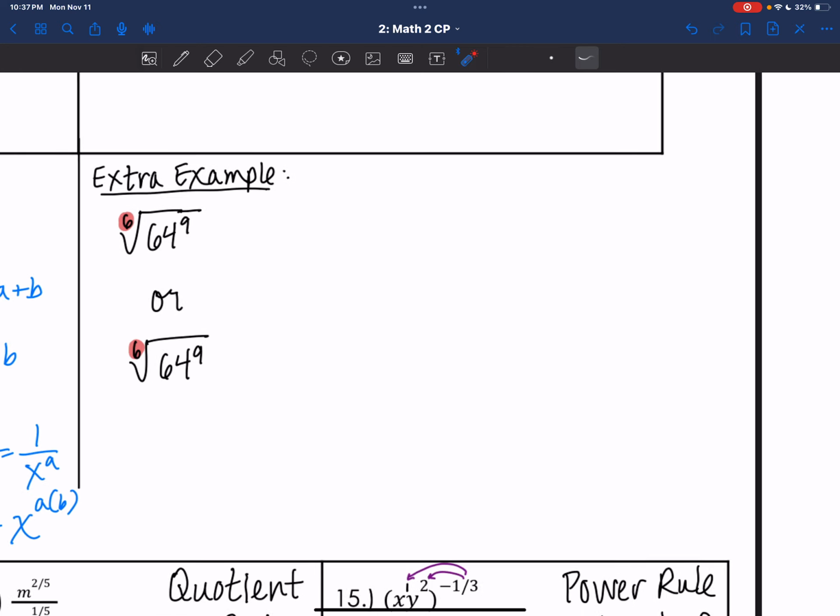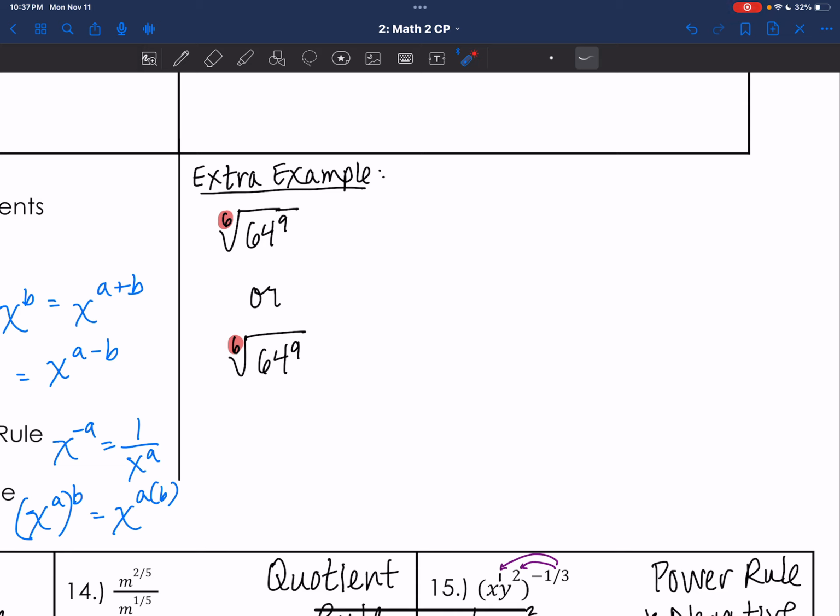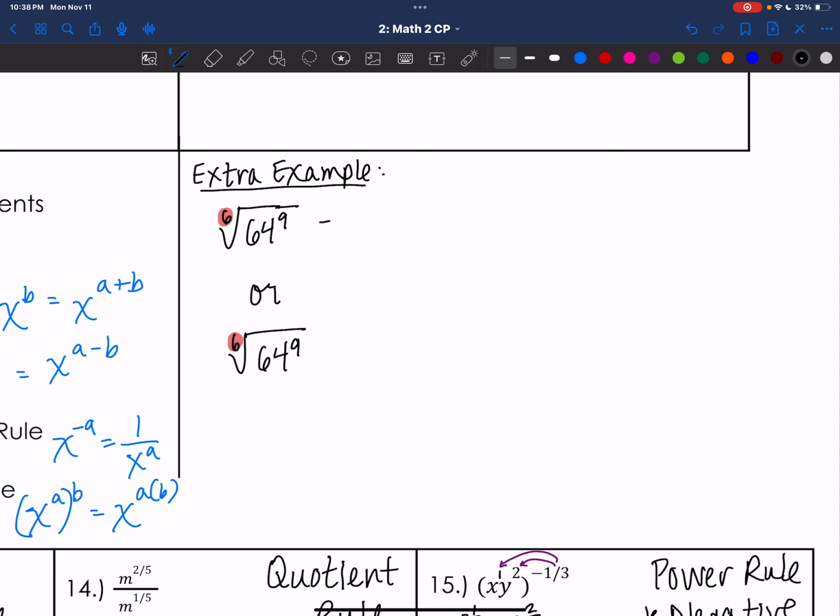All right, you're going to finish those. And then I do have an extra example I want you to try on your own, and we will go over this. But there's actually different ways. I'll give you one, I'll get you started, but I want you to finish it. One way is to think of this as the square root, and then you could simplify this and then rewrite it.